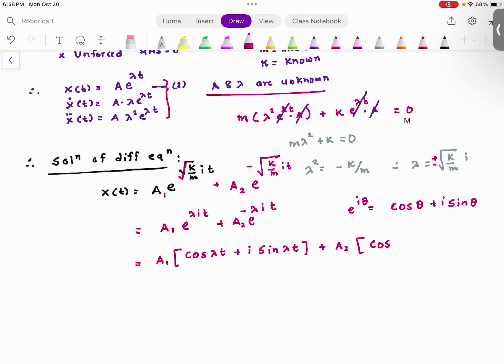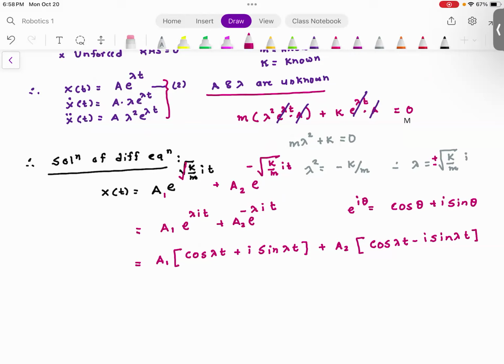cosine of minus lambda t, which is going to be again cosine lambda t, and sine of minus lambda t is going to be minus i sine lambda t.